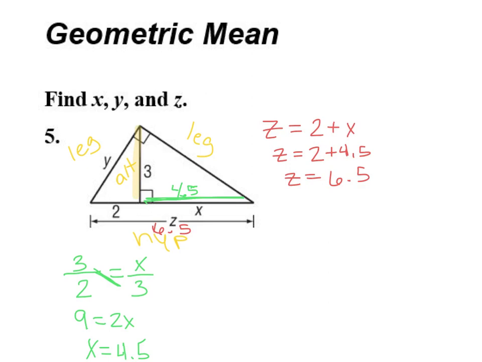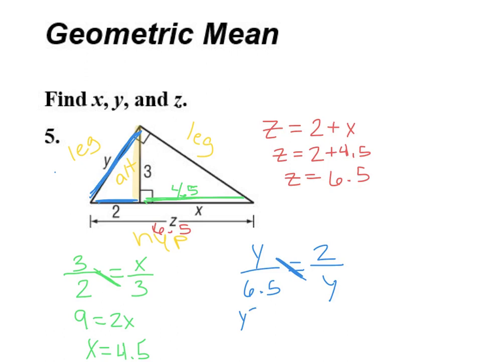Now we can go ahead and solve for our last variable, y, which is a leg. So this is the leg theorem. The leg theorem states you take the leg over the hypotenuse, and we set it equal to the adjacent part of the hypotenuse over the leg. So the legs are across from each other.